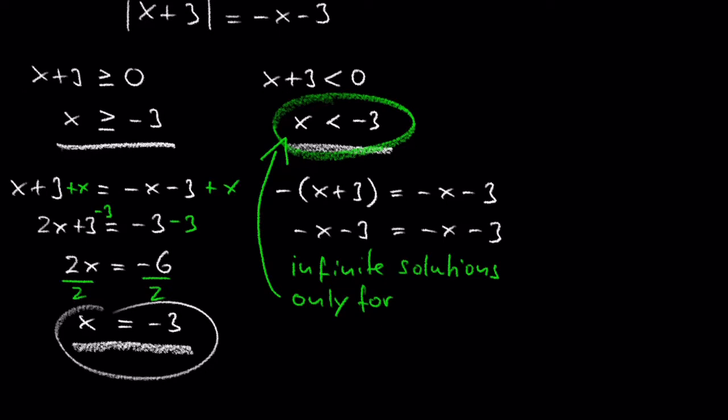Negative 3 is a solution, and numbers less than negative 3 are solutions. Hence, the solution set includes all values of x such that x is less than or equal to negative 3.